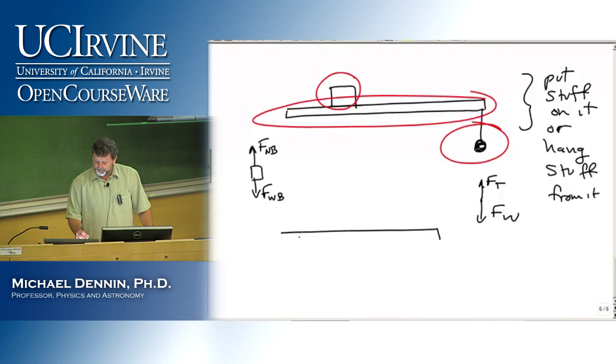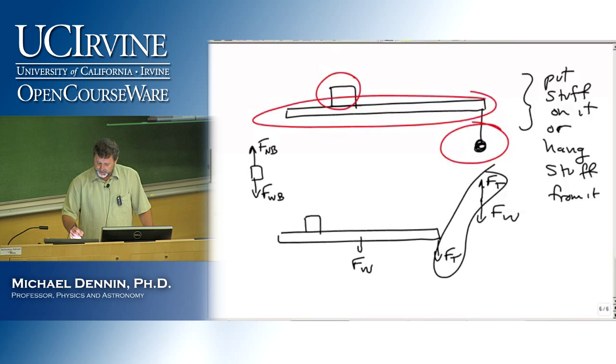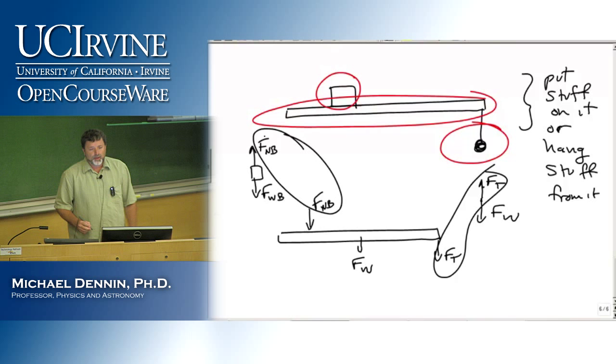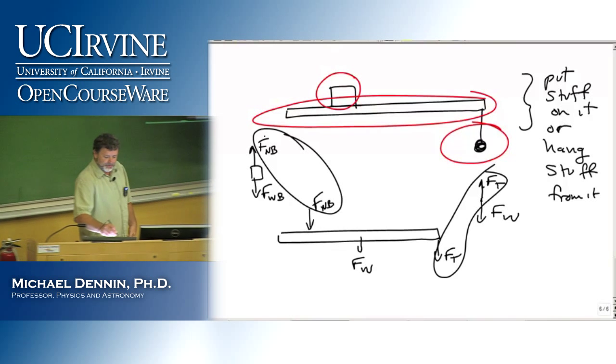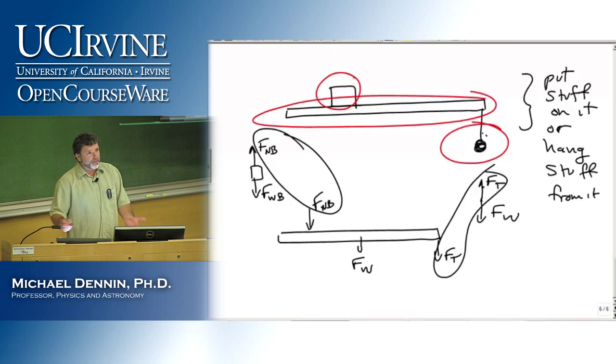And then the beam, since it's floating in air magically, has its weight down. Okay, this tension was up, so the matching tension is down. This normal force was up, so there is a normal force down. 95% of the time, the objects that are on your beam are simple like this and only have their weight as their other force.